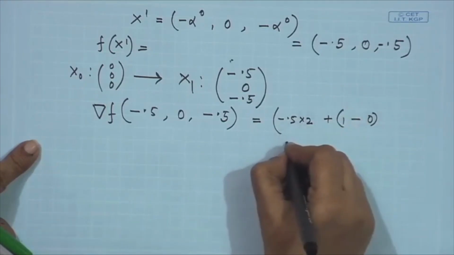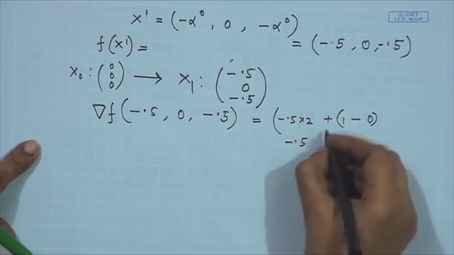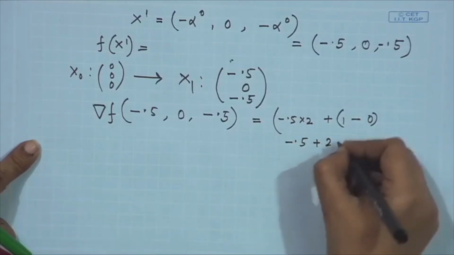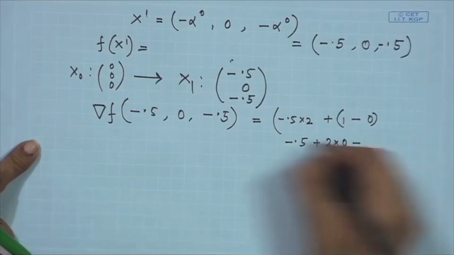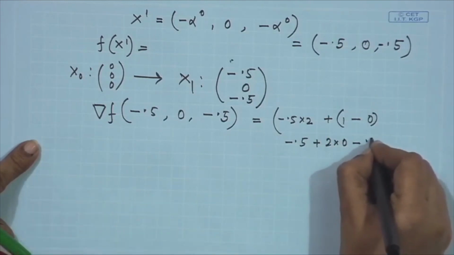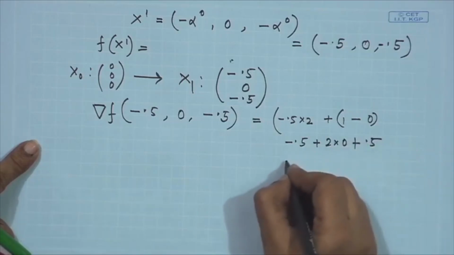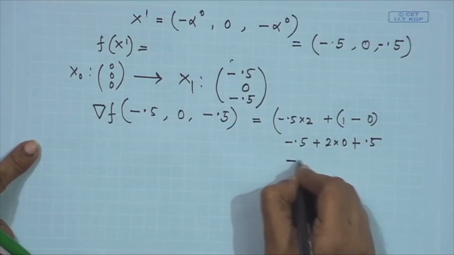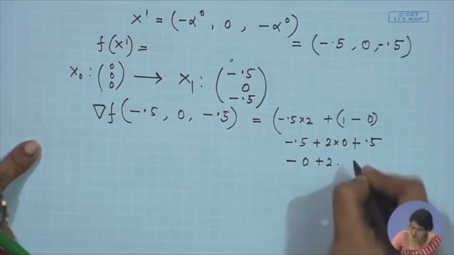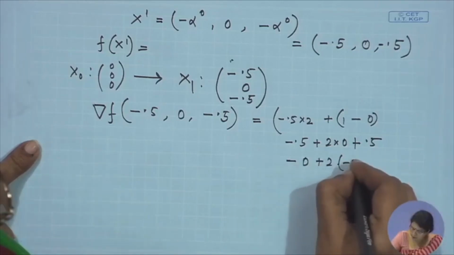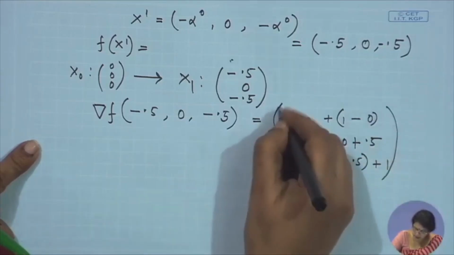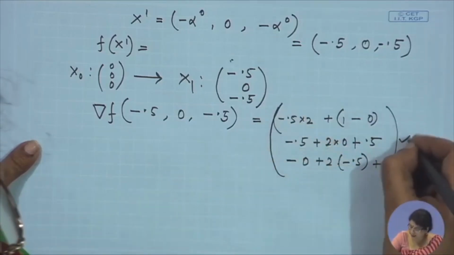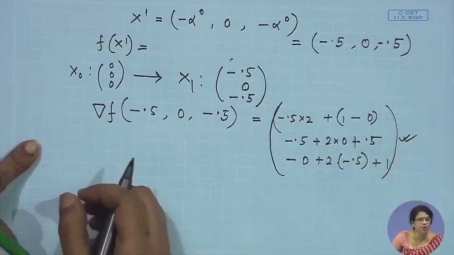The next point would be minus 0.5 plus 2 into 0 minus x 3, which would be minus 0.5 plus 0.5, and here 0 plus 2 into minus 0.5 plus 1. We are getting another point. We are getting the gradient direction.